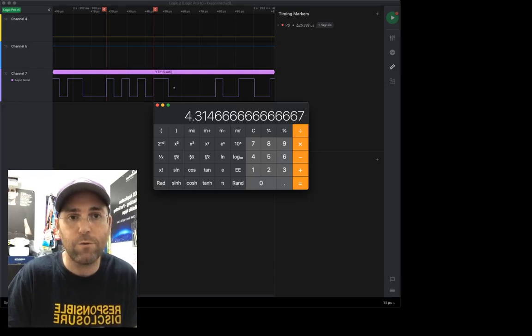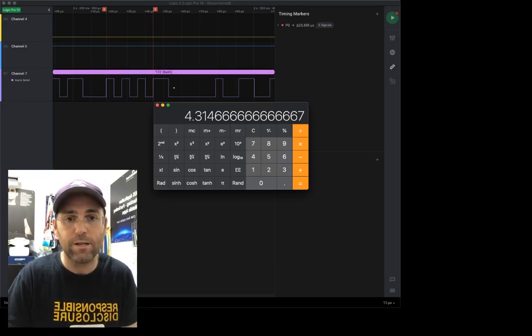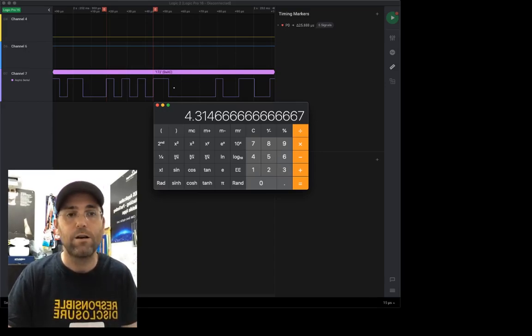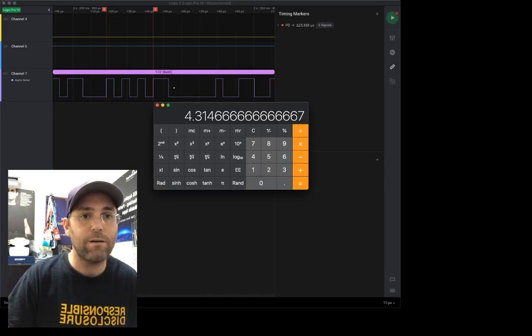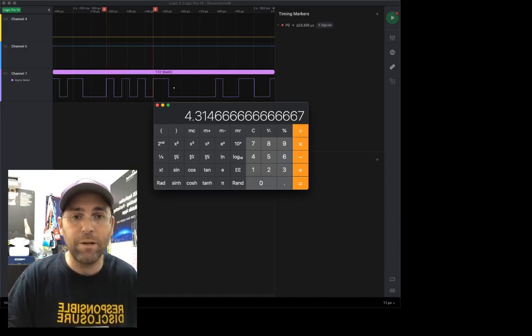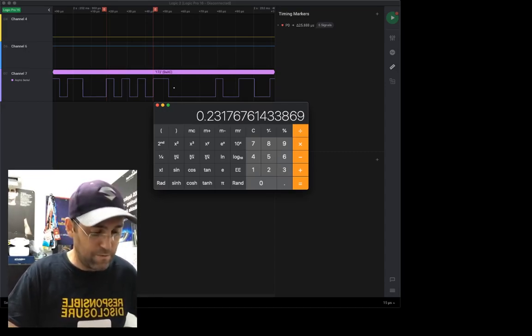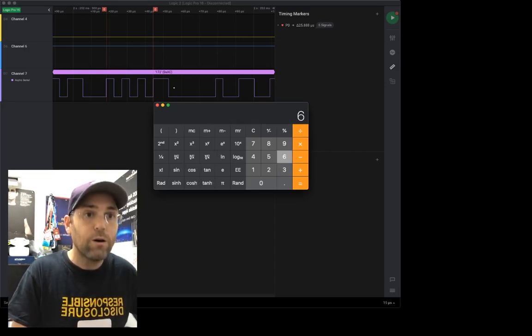Okay, so we want to take that and convert it into seconds. Baud rate is defined in seconds, bits per second. So we want to take this number and divide it by 1 million. Okay, so let's do that. Let's do division by 1 million.